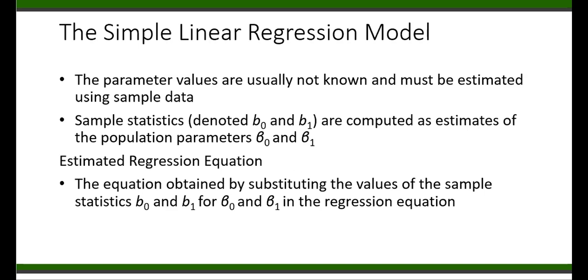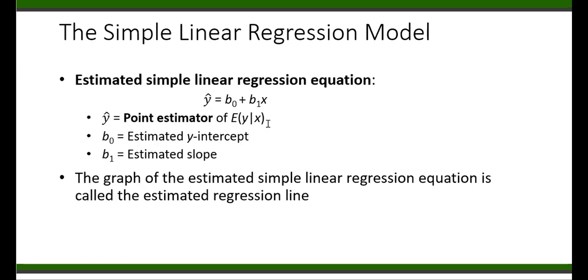An estimated line is going to look like this: Y hat, the estimated simple linear regression equation. Y hat, the predicted value of Y, the estimated value of your sales in our example, equals B0.